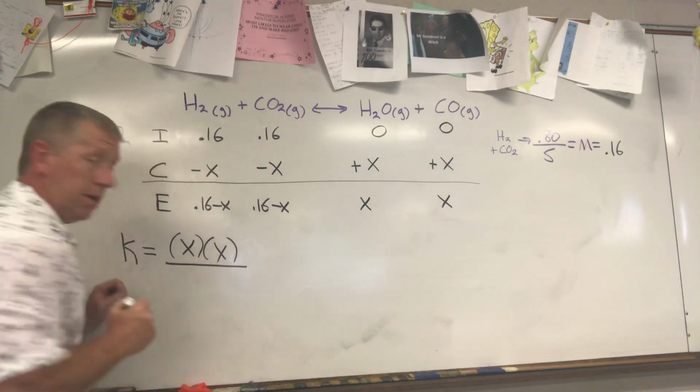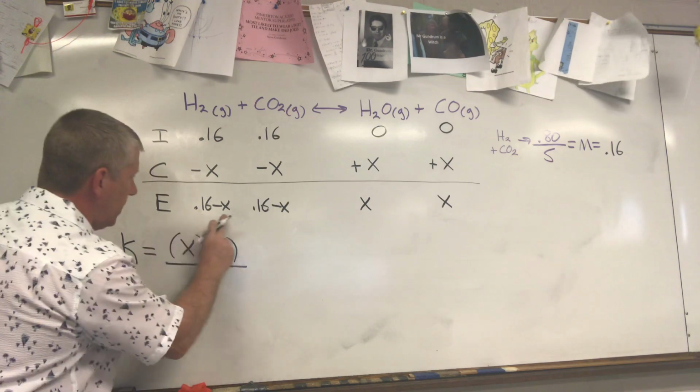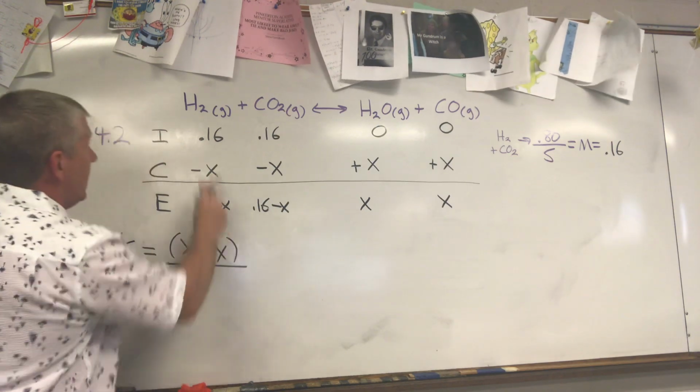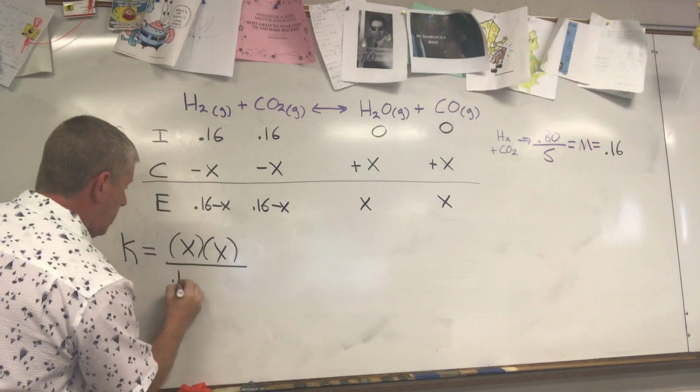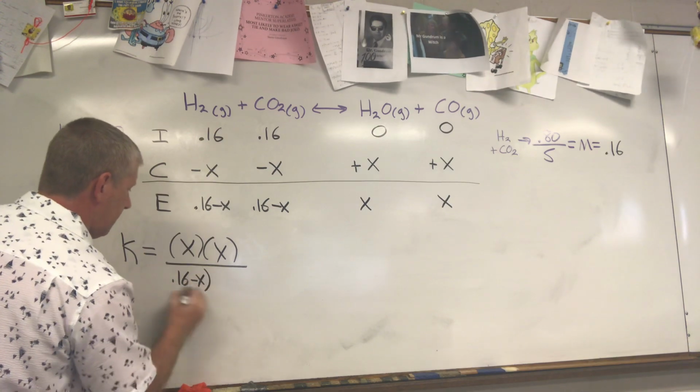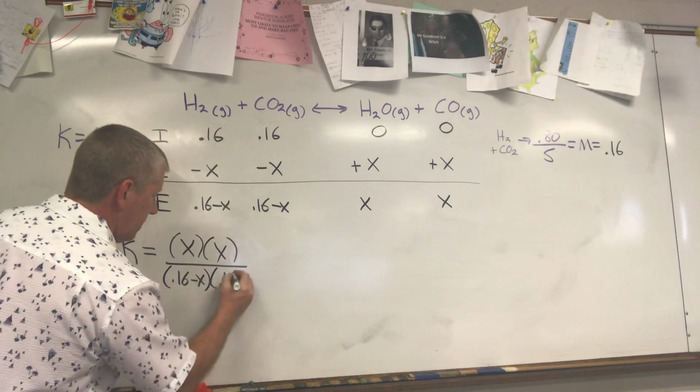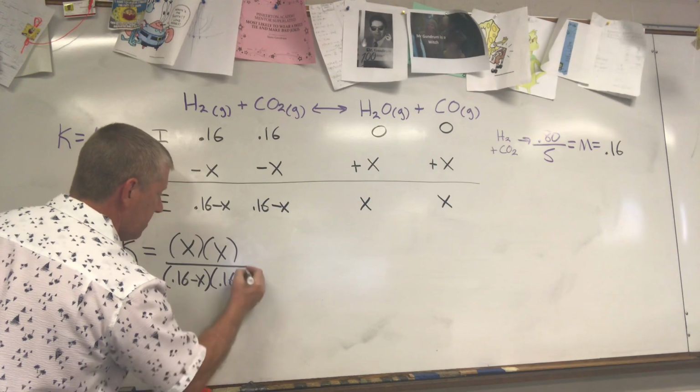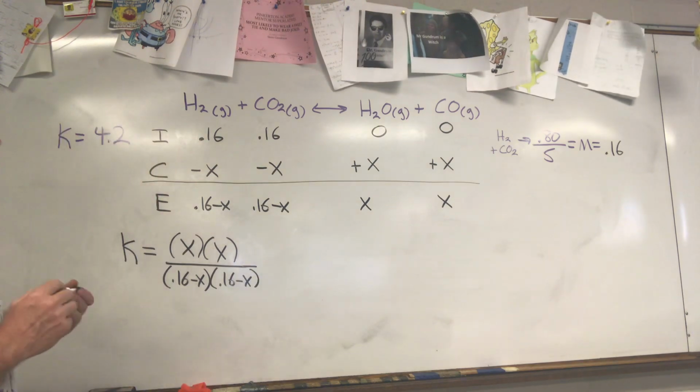And down in the bottom, at equilibrium, I take 0.16 minus x, 0.16 minus x.